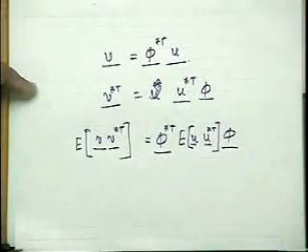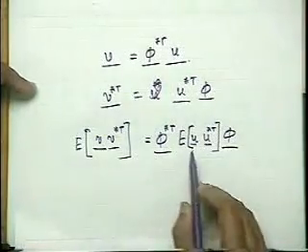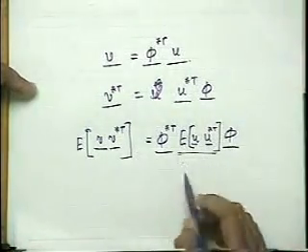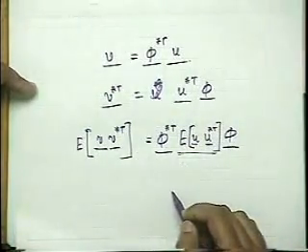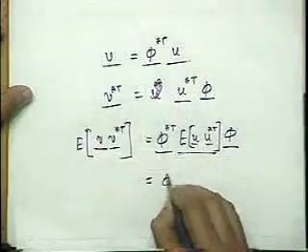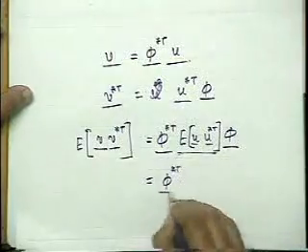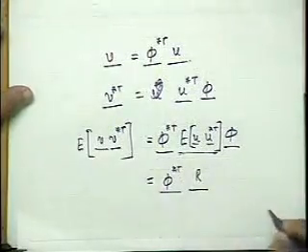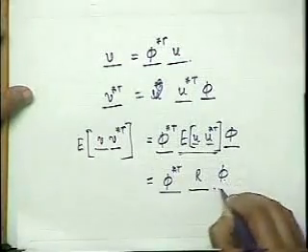What is the middle term? Expectation of U U star transpose. That is the autocorrelation matrix. What am I writing for the autocorrelation matrix? The matrix R. So this I can rewrite as phi star T multiplied by R multiplied by phi.